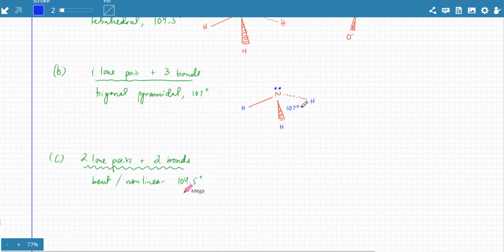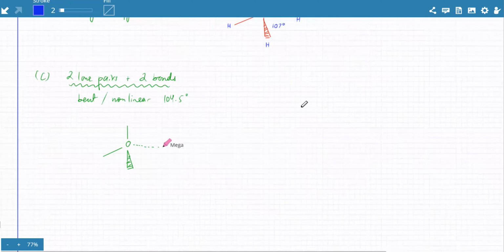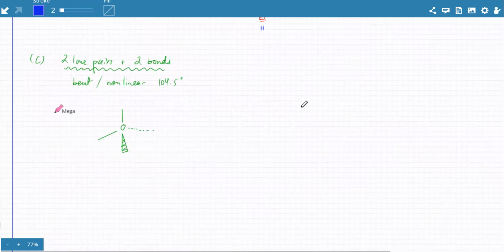You still have four electron densities. Look at water. Water is going to have one electron density on the top, one on the left, one coming towards you out of the page, the other one going into the page. It's the same four electron densities as far away from each other as possible, except with water you're going to have hydrogens bonded to two of them, and on two sides the orbitals are full.